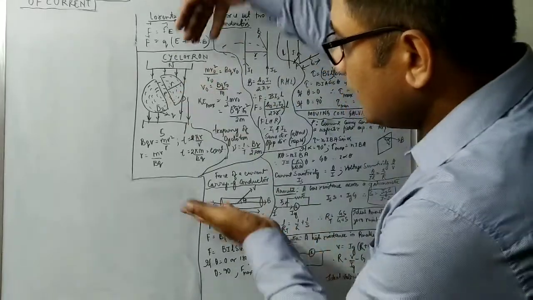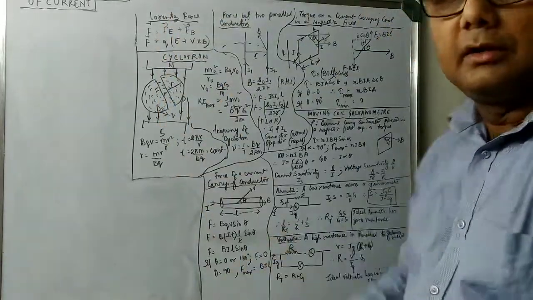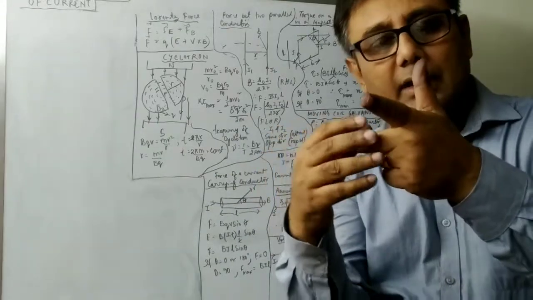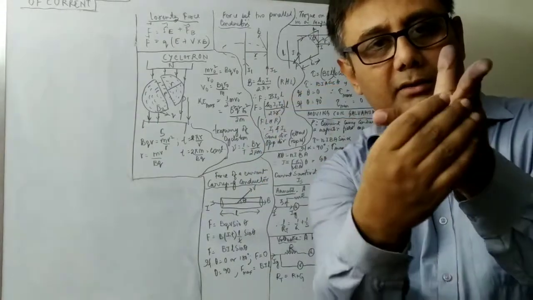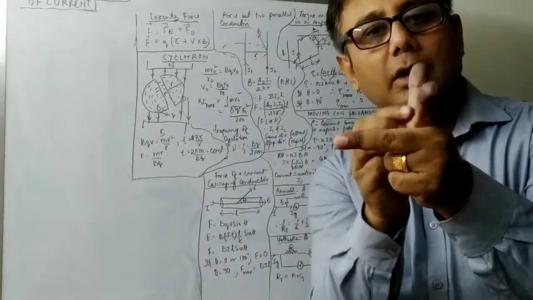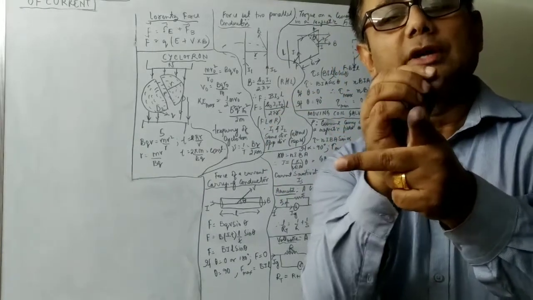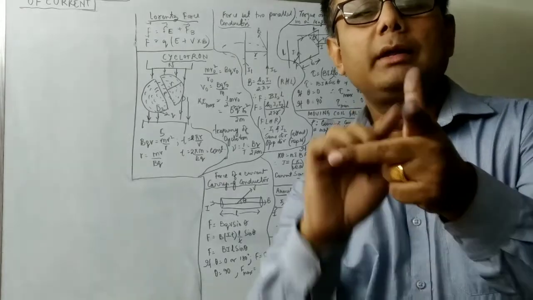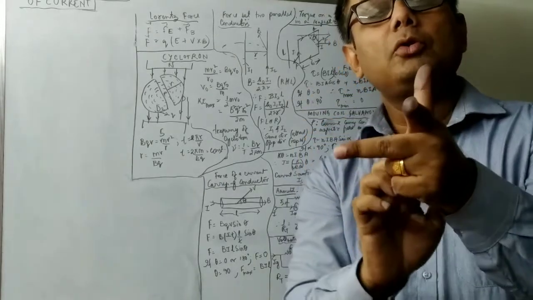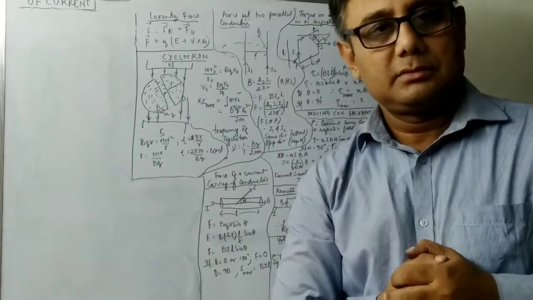As it gets attracted, it is moving under the magnetic field. There is a magnetic field and a velocity of the proton, so a force will start to act again on the proton. This force, I told you, will make the proton cover a circular path.